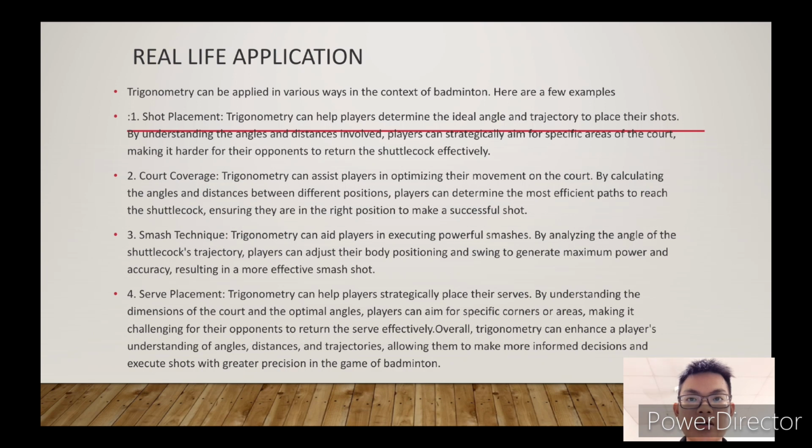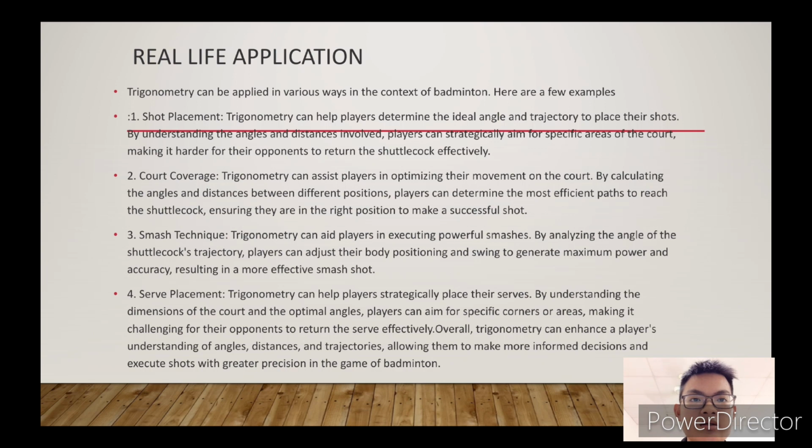After that, for example 4, serve placement, trigonometry can help players strategically face their opponents' serves by understanding the dimensions of the court and the optimal angles.